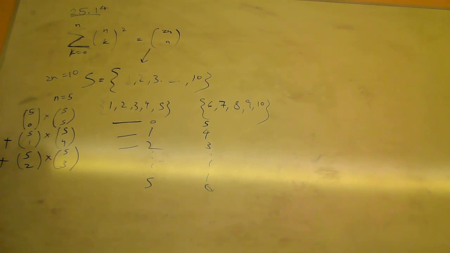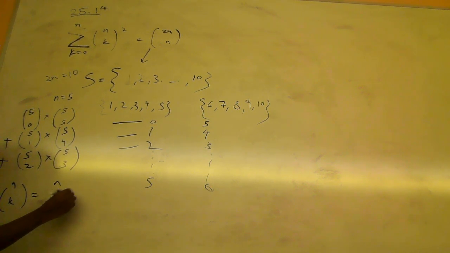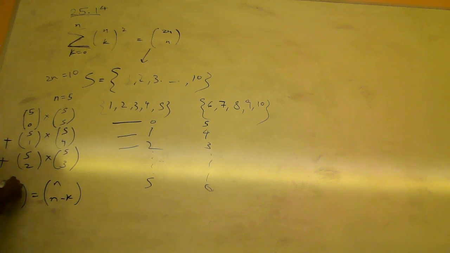Also, we know that n choose k is equivalent to n choose n minus k. This is just an identity and it's very simple to prove, because n choose k is n factorial divided by k factorial times n minus k factorial. When we write this out, it'll be the exact same thing, so both of these are equivalent.